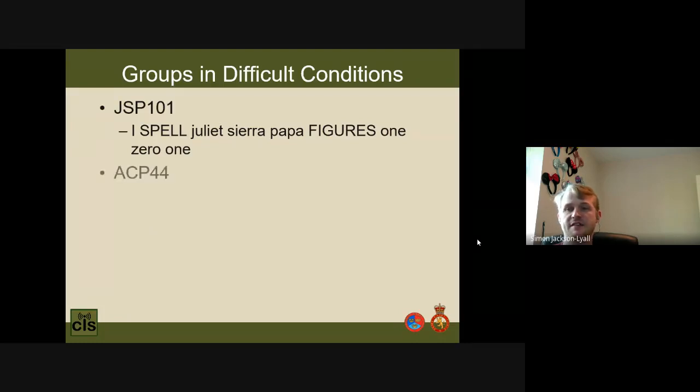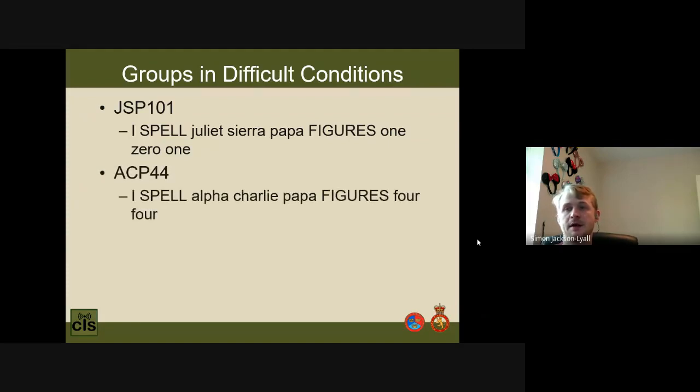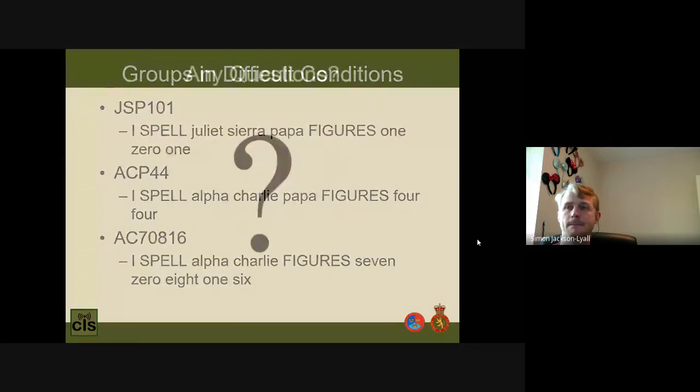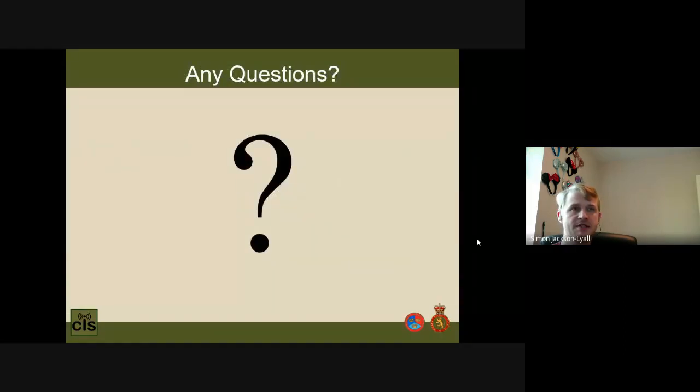So don't forget to have those pro words in. I spell Alpha Charlie Papa, figures 44. I spell Alpha Charlie, figures 70816. So it's just keeping that clear. Does anyone have any questions? So in good conditions, just say it how you'd normally say it in speech. In difficult conditions, use those pro words to clarify that you're either spelling or you're saying figures.